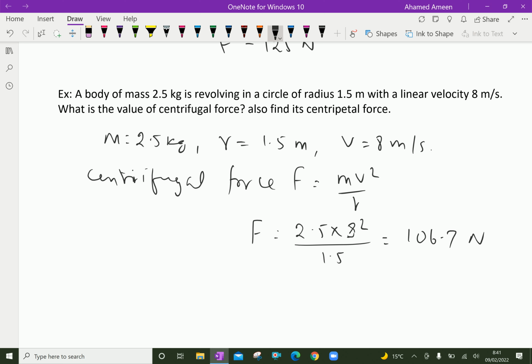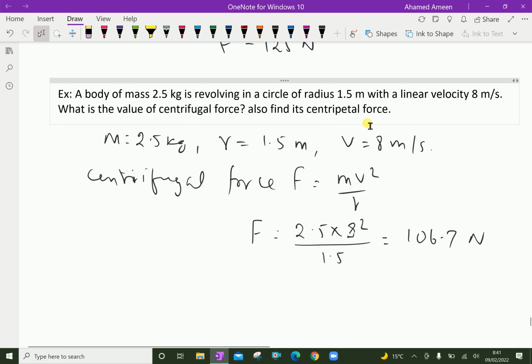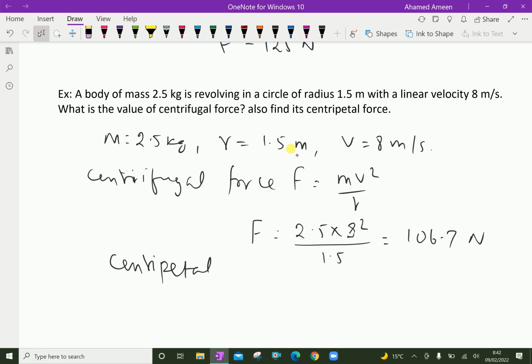Here, that centrifugal force is asked. For centripetal force, actually, centrifugal force is balanced with centripetal force. Therefore, both are equal in magnitude. Also, it is 106.7 Newton.